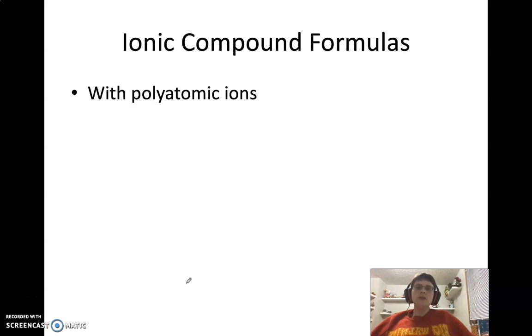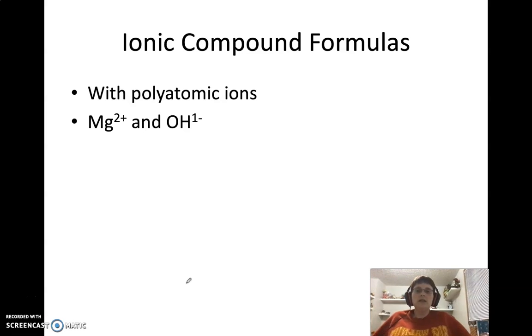The last section on ionic compound formulas is with polyatomic ions. With polyatomic ions, you can build these formulas just the same way. Here we've got magnesium, and this is hydroxide. Again, if you need these, I will give you the table of the polyatomic ions. I'm not going to ask you to memorize their names or their formulas, but they work the same way.